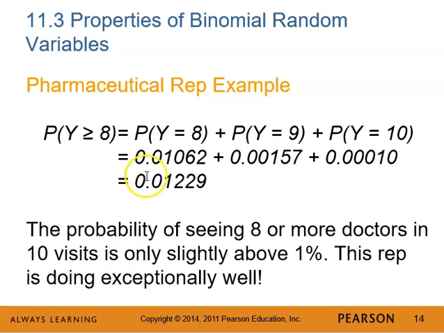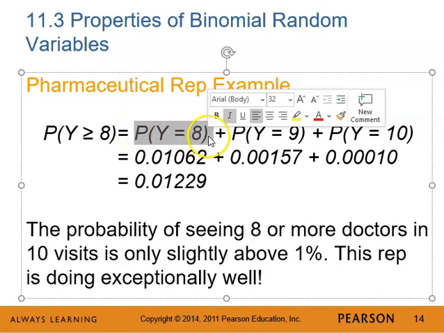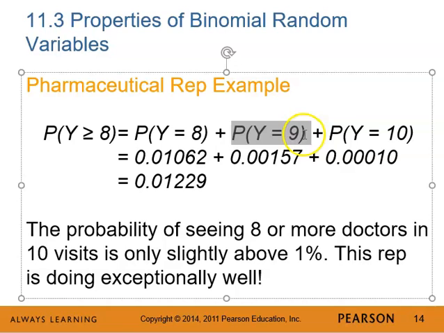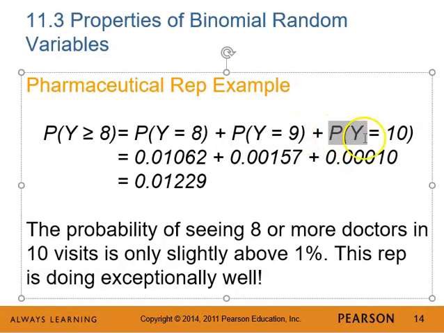So look here. That's the probability of 8. We already calculated that. For 9, use 9 in the formula, and for 10, use 10 in the formula. And these are the numbers.